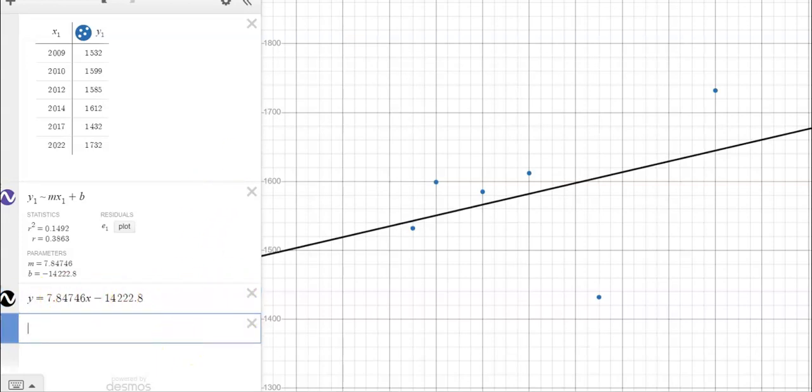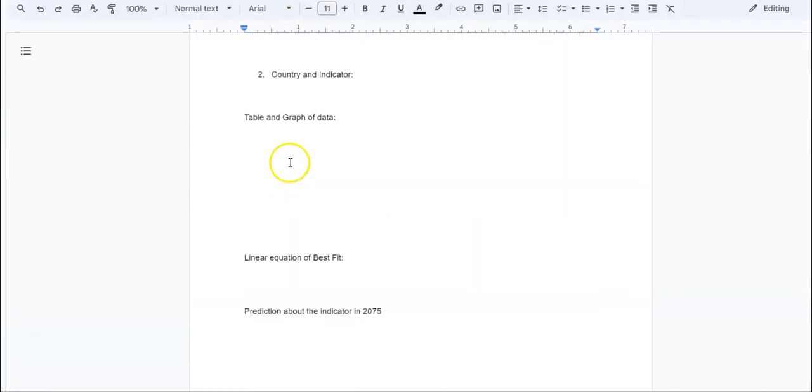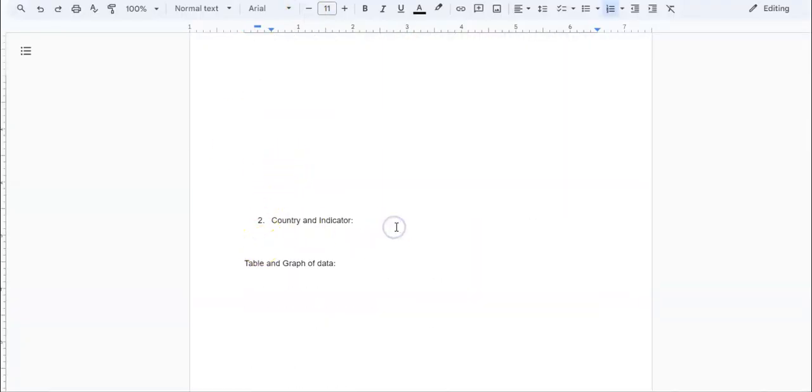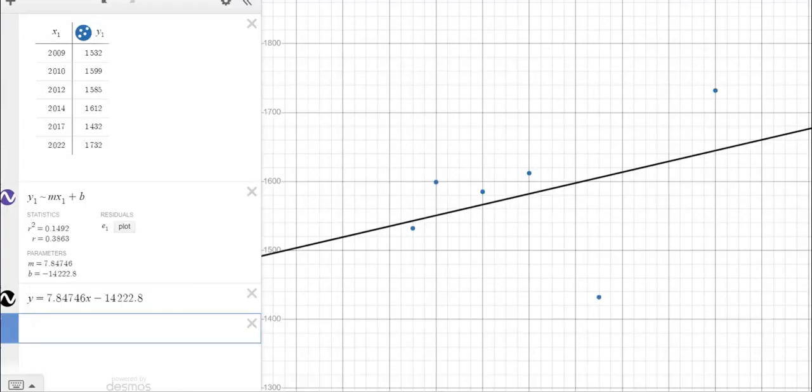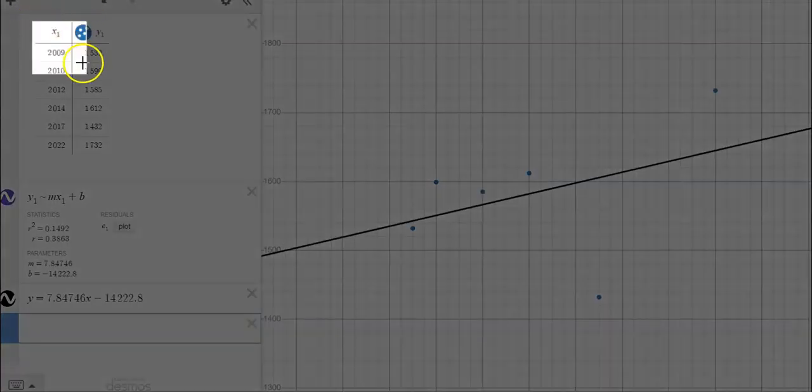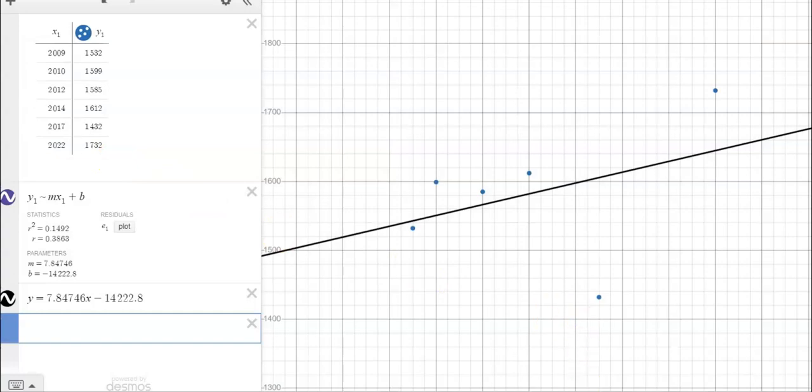All right, so go into the graphic organizer. Let's say we're doing it here. This was, I made this up. This was, what country? I don't know. Turks and Caicos, where I want to go. And that was population density. Okay. So I have a table. I'm using the snipping tool to click and drag and copy this.